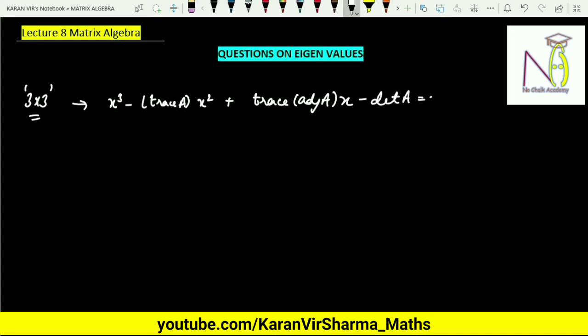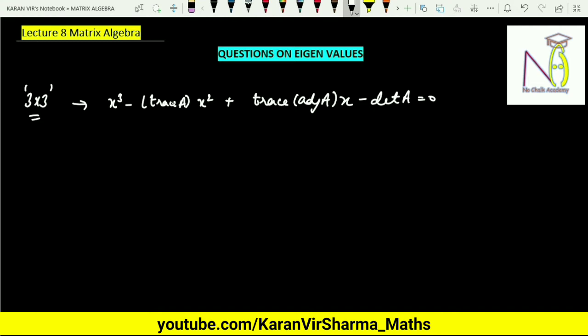So that is the characteristic polynomial in case of a 3 cross 3 system. Many of you will find it very difficult to calculate all these values. Rather, you will be solving A minus lambda I equals 0 and finding the characteristic polynomial from there. But let me show you through an example that this formula is very easy to implement.